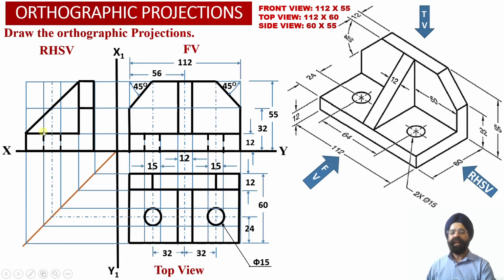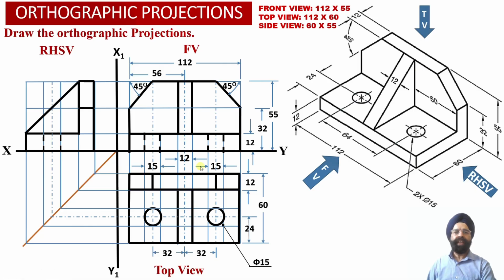So this way, into the right hand side view projections, this triangular projection will be representing true shape projections corresponding to this element number 3, or the triangular web over here.